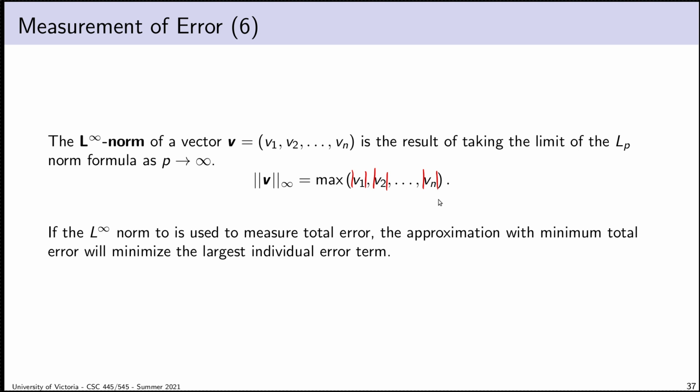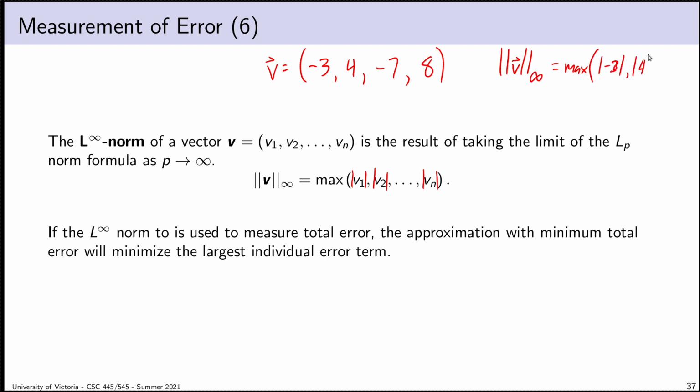So I can maybe give an example to contextualize this. If v equals -3, 4, -7, and 8, then the L infinity norm of v would be the maximum among the absolute value of -3, the absolute value of 4, the absolute value of -7, and the absolute value of 8.